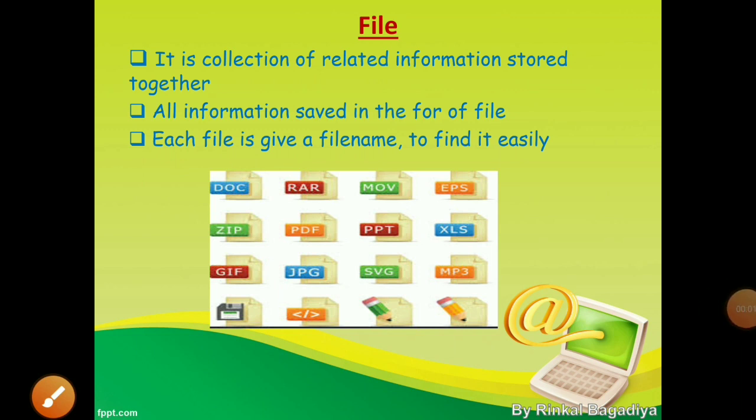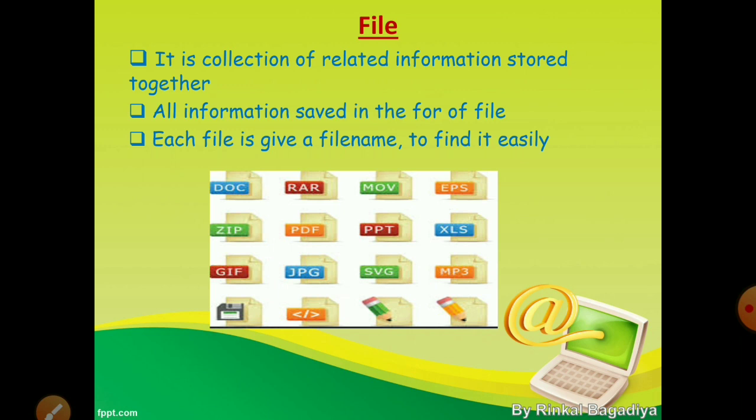Children, our next topic as per the textbook is files and folders. So now we will learn what is a file and what is a folder. First of all, we will start with file. A file is a collection of related information. This is the definition of a file. It is the same as we keep our important papers or documents in a file.